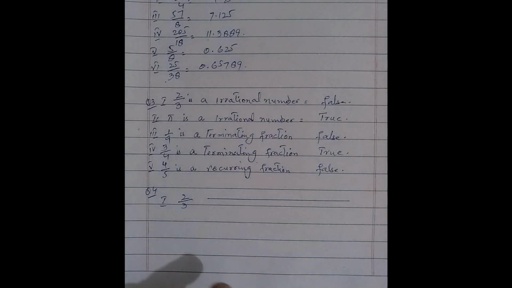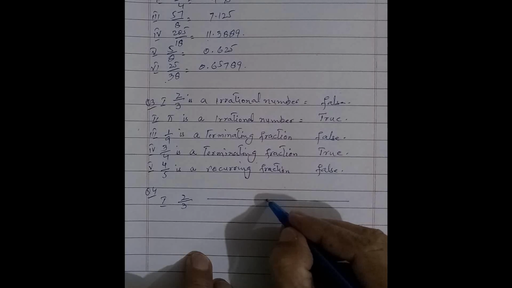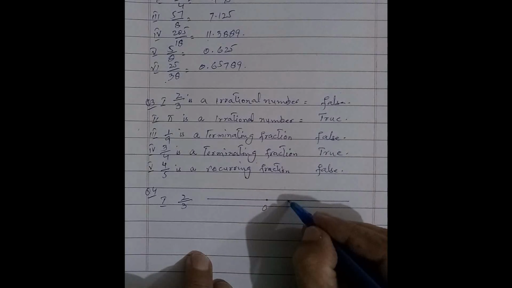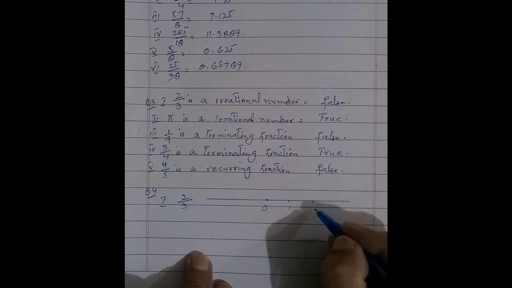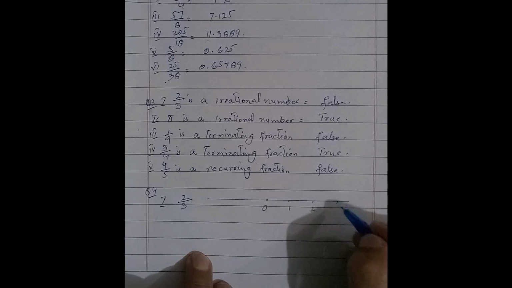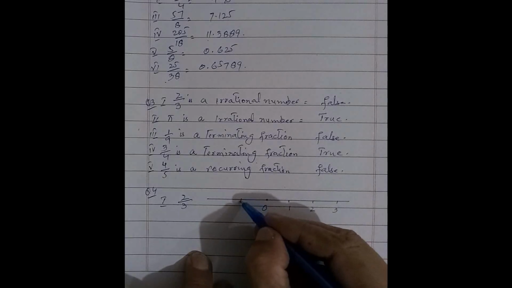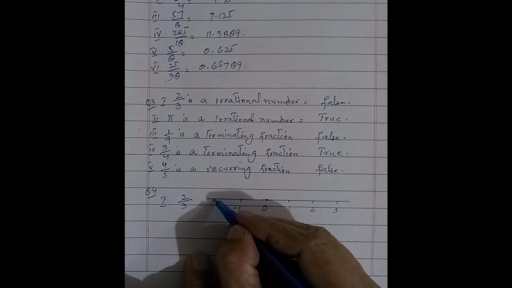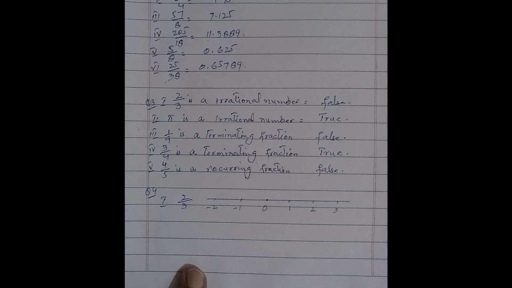It is a straight line, and we mark 0, 1, 2, 3, and on the other side minus 1, minus 2. Now we represent 2 over 3.